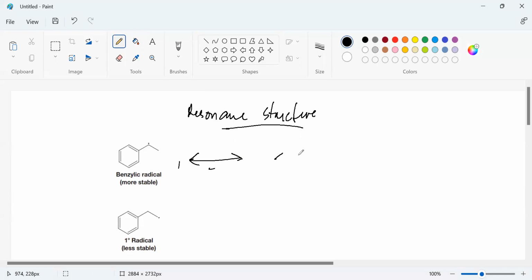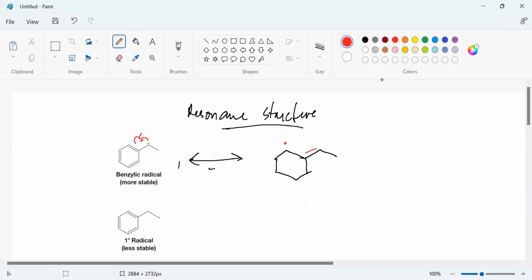Okay, you will have that. This one, you can form a bond there, and the other one, one electron. So in the end, you will have your double bond and your radical here.